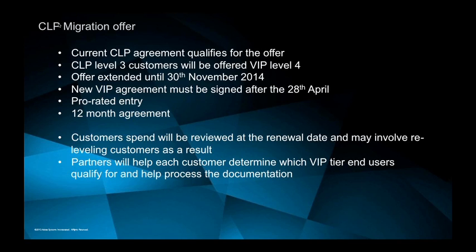So one of the questions you're likely to have in your mind is, great, we've got potentially access to a 50% discount if we sign up to VIP before November, but what happens in 12 months' time when that expires?